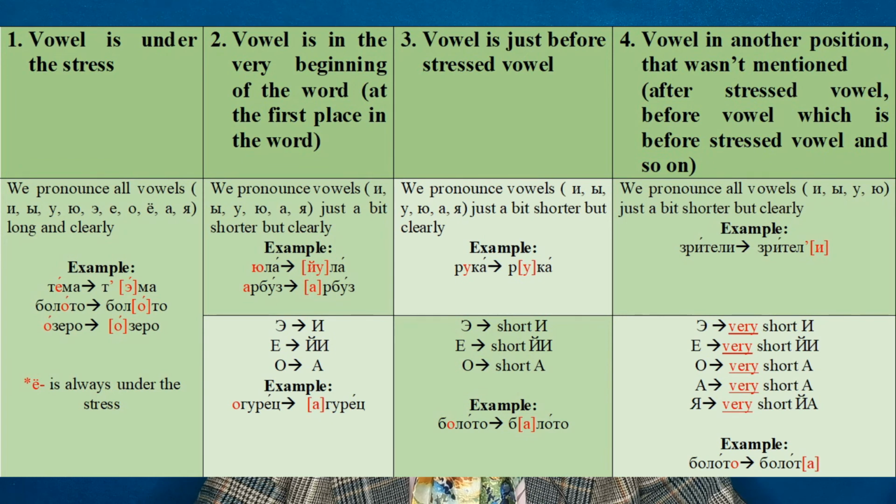And lovely viewer, here you are a table where you will get all the rules that we've been talking about, with stresses. Here we've got all 4 positions. Look at this table.